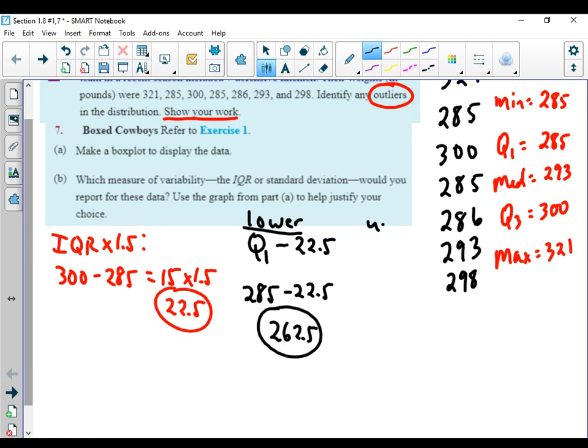Now I've got to look at my upper limit. Well, now I go to the other end. I look at Q3. And this time I'm going to add on to that the 22.5. So Q3 was 300. Add that 22.5 onto it. And I find out my upper limit is 322.5.